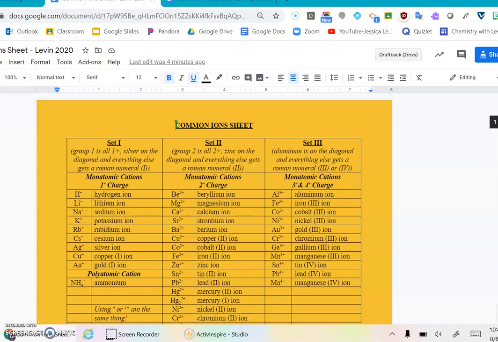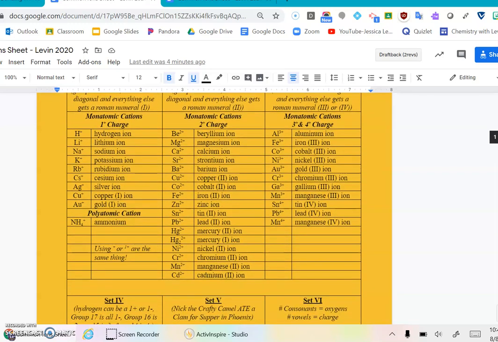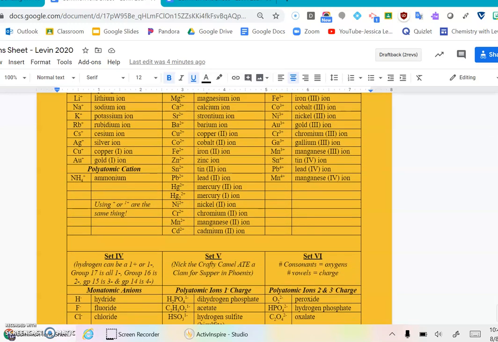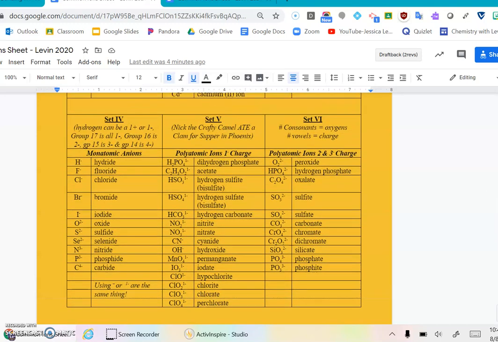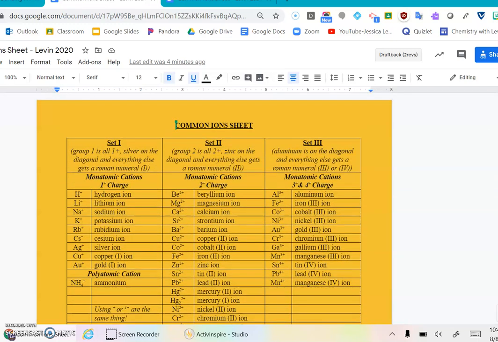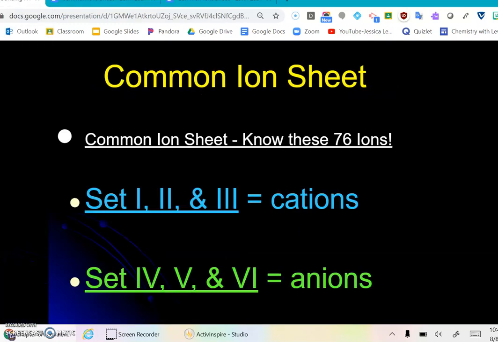I highly suggest flashcards or anything like that. Also note that if you see a 1 plus or just a plus, they are the same thing, as well as a minus or a 1 minus. Those are the same thing. And be careful of subscripts and superscripts over here. But we definitely will go over how to learn all of these things.